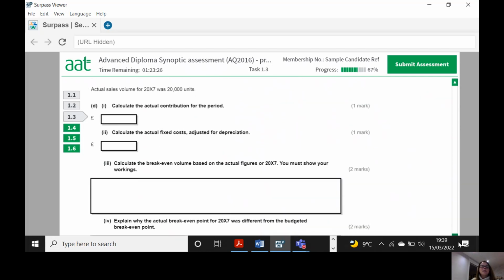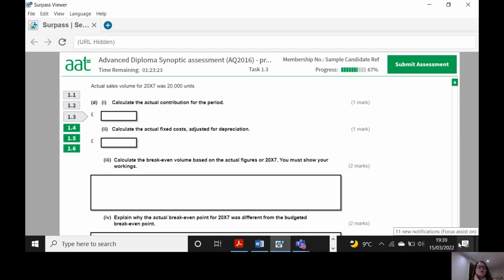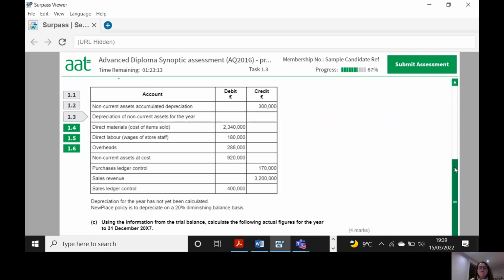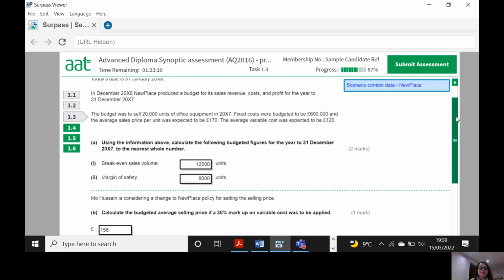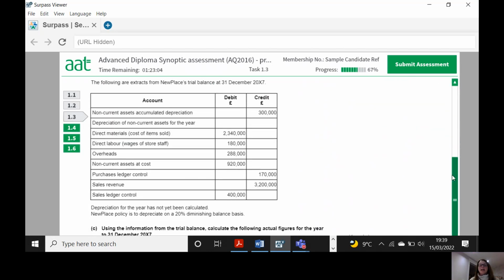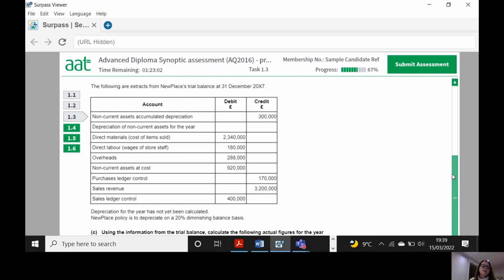Moving on. Actual sales volume for 20X7 was 20,000 units. Calculate the actual contribution for the period. Right, so if I go right up, that was all budgeted info. It's this trial balance that gives me my actual information. To work out contribution, I need to take the total sales revenue, 3.2 million, and subtract all my variable costs.